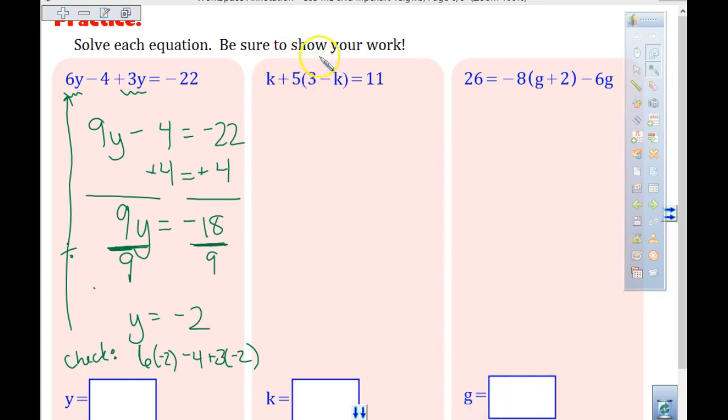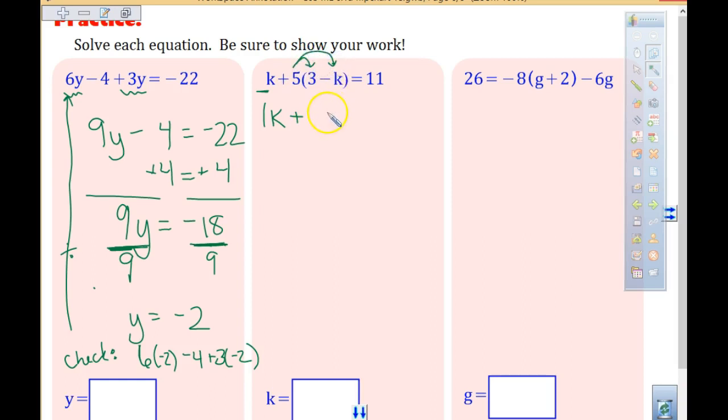We're going to look at this one, we're going to do the distributive property, and then we're going to take a break, and I'm going to show you which ones you're going to work on for your homework tonight. So first off, we want to rewrite this. This is 1K. If there is no number in front of the variable, put a number there. Plus, we're going to take 5 times both of these.